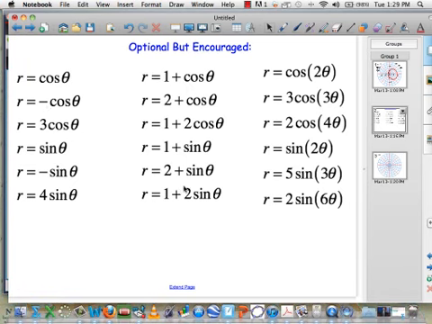These 6 are going to have something in common, and again you want to pay attention to what the values of the constant and then the coefficient do to the graph. And then these 6 have something in common as well. These are the 3 big families that pop up in the calculus of polar curves as far as area and derivatives and graphing. So I would encourage you to take a look at those.